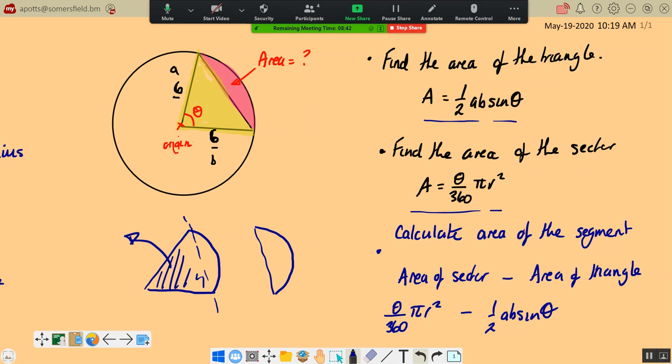If I just work them out separately and do a subtraction, it's a common thing in maths. If you subtract one shape from another, you're left with a different shape. So you do that with the areas as well. That's how you would figure out the area of a segment. Does that make sense?